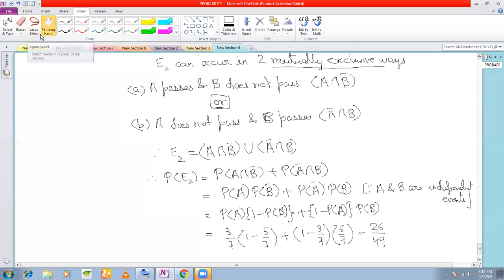So let us do the next problem. Next problem type, in fact, and I'll conclude with this, just another 15 minutes. The next problem type here is problem type 3.